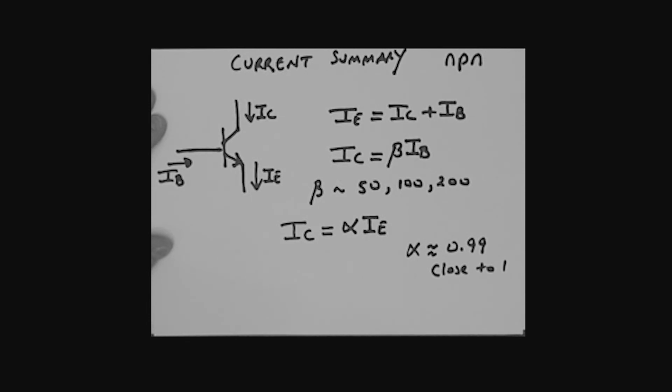Now what you could do here, as you look at the text, is maybe derive a relationship between alpha and beta.